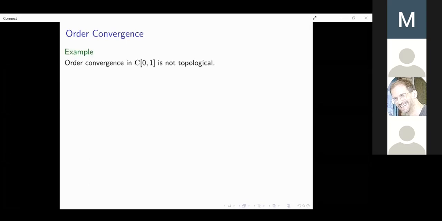Here is a brief example, which I'll quickly go through. Let's look at the vector lattice of continuous functions on the unit interval, C[0,1], and suppose that order convergence in C[0,1] were topological. So there is some topology on C[0,1] which gives you precisely the order convergent nets.